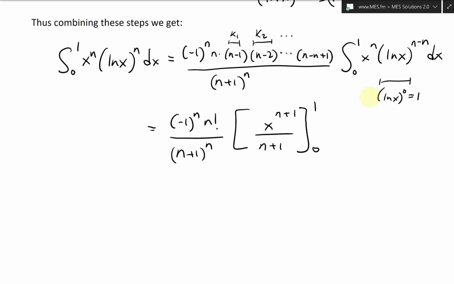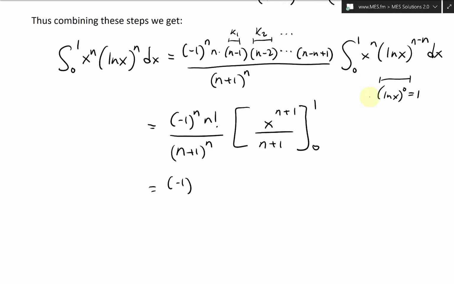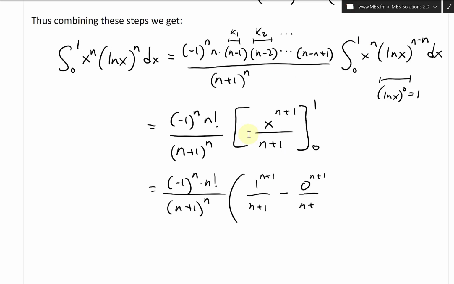So what we get is negative 1 to the n times n factorial over (n+1)^n, times, and put the 1 inside, we'll have 1^(n+1) over n plus 1. Again, 1 just makes everything 1 there. Well, actually the top is just 1 divided by n plus 1. And then we're going to subtract, put the 0 inside, 0^(n+1) over n plus 1. That's just 0.